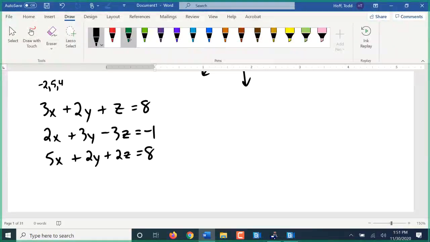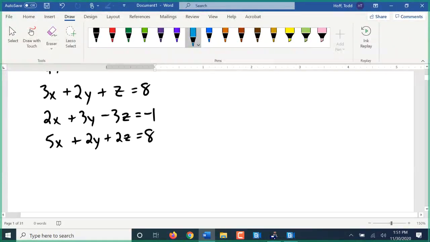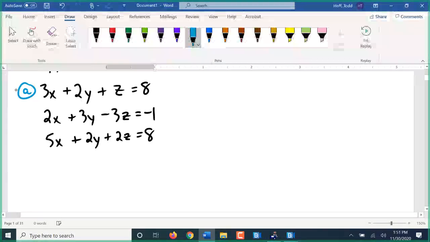So now if we want to solve this, I'm going to label these equations A, B, and C.